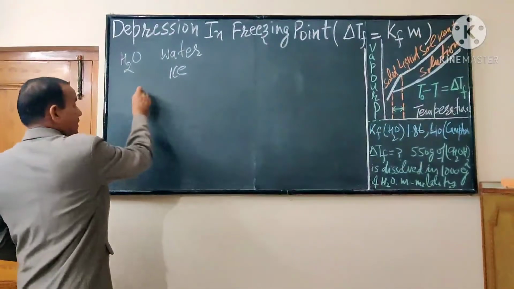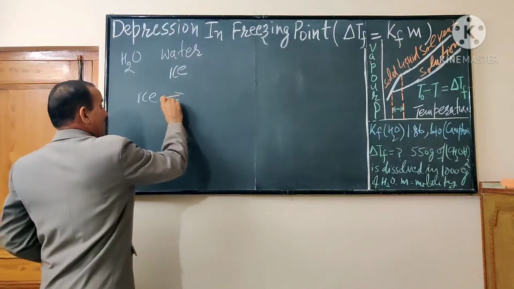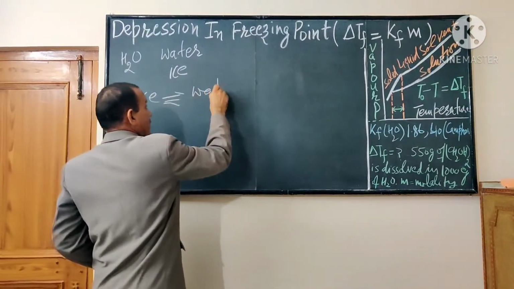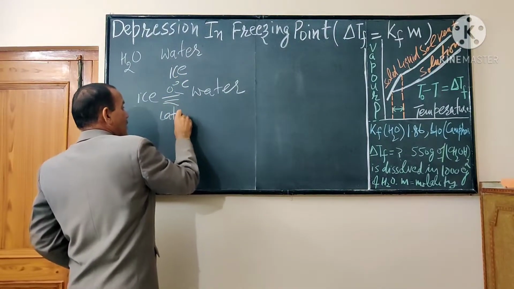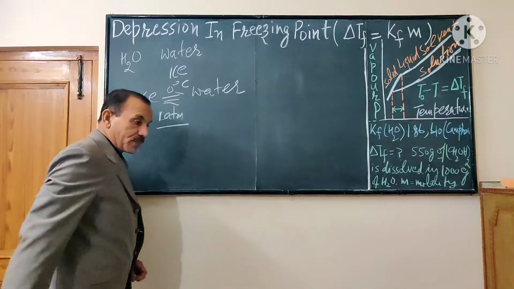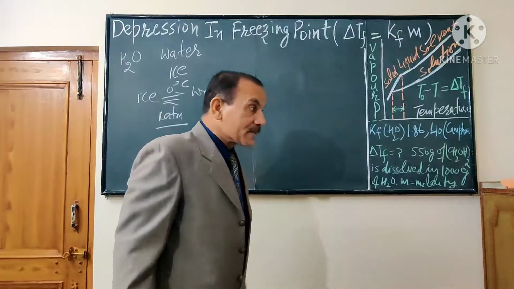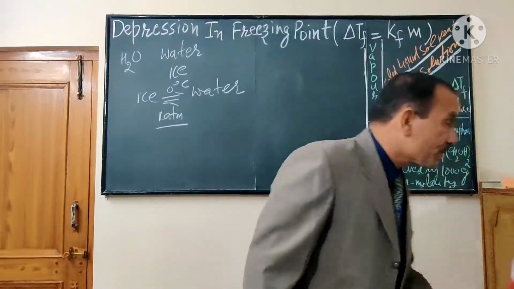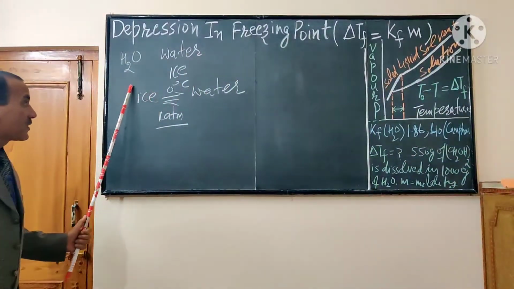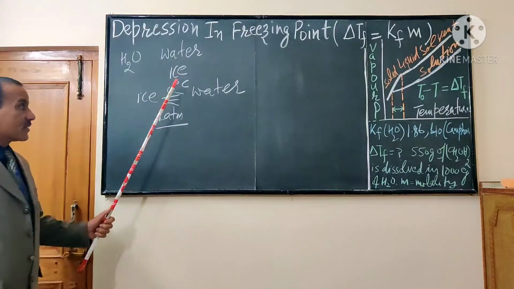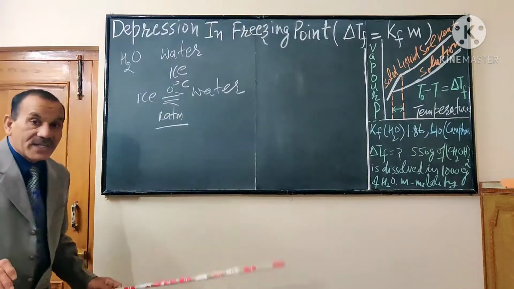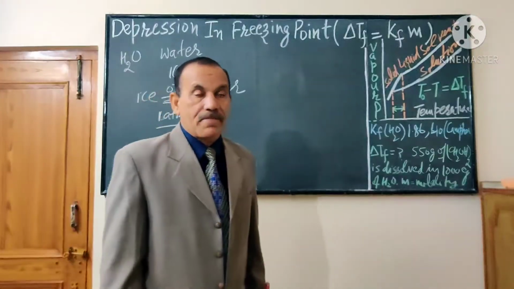So let's say this is ice, then we have here water, and temperature is 0 degrees C, pressure is 1 atmospheric pressure. So 0 degrees Celsius is known as the melting point of ice, and 0 degrees C is known as the freezing point of water.